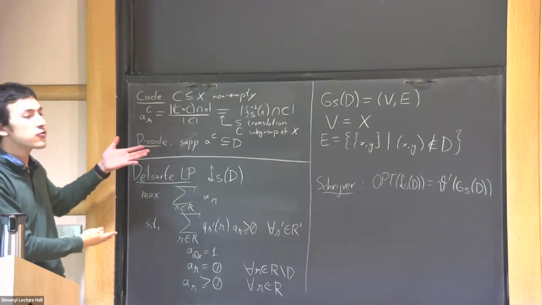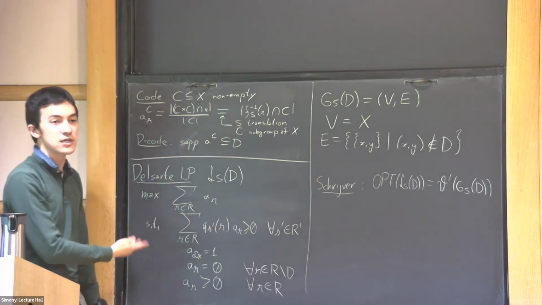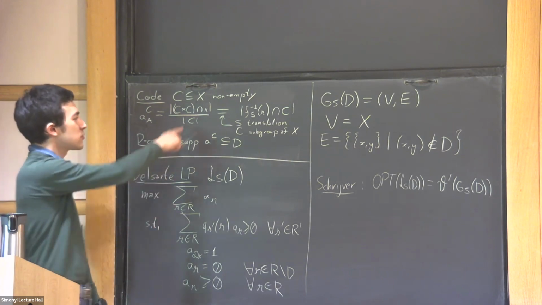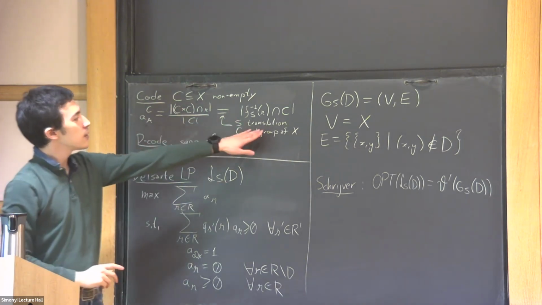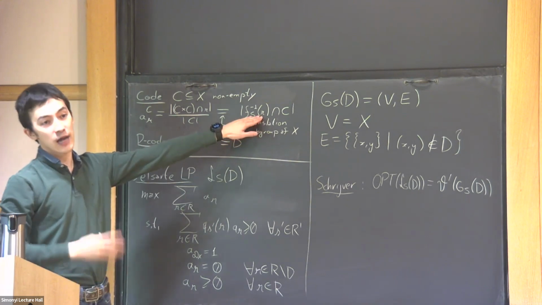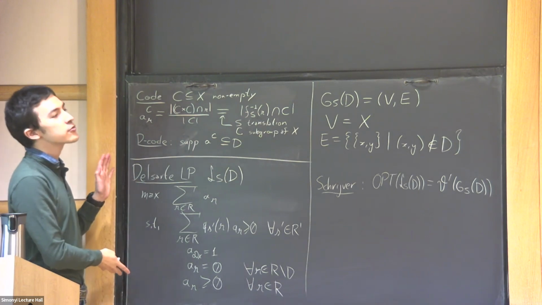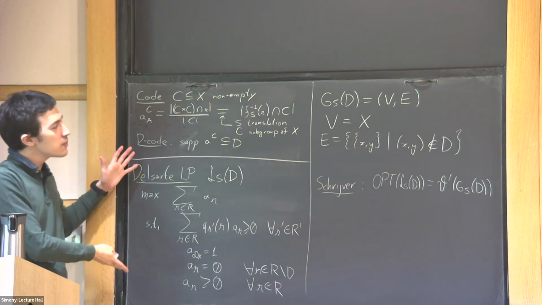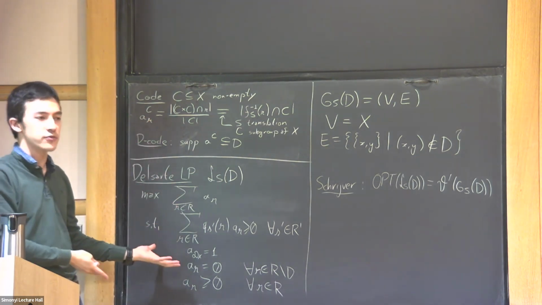If you're thinking of codes, you also know some sort of version of integrality of these ARs, right? They cannot be any real number. They need to be sort of almost integers, except that there's a weird normalization here. Maybe in the linear case, it's very easy to see that they're actually integers. So you have some weird integer program, and this is a relaxation of it, right? And if this is a relaxation, it means that the size of the code is always upper bounded by the optimal value of this relaxation, right?